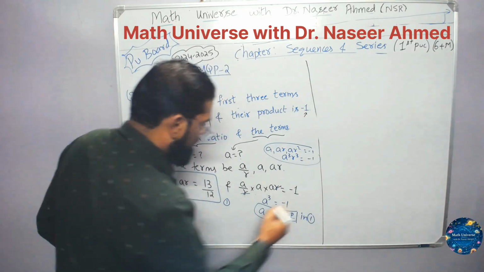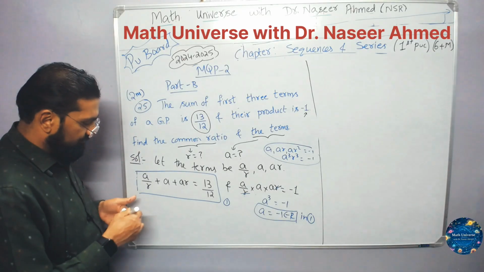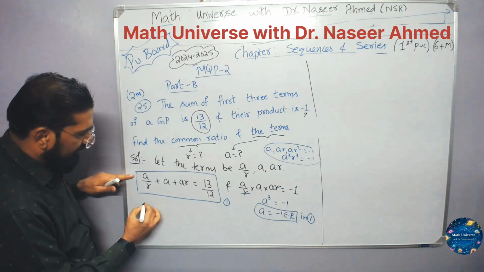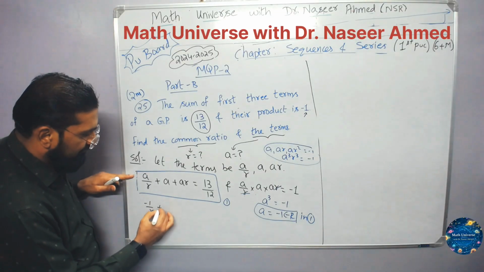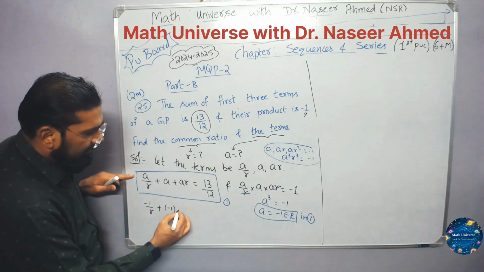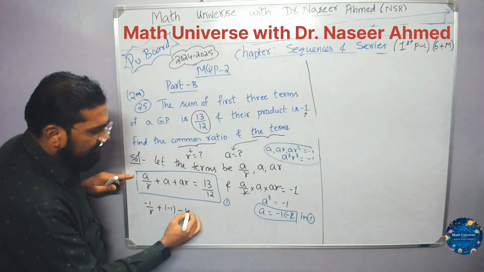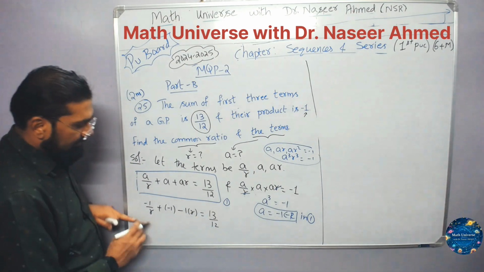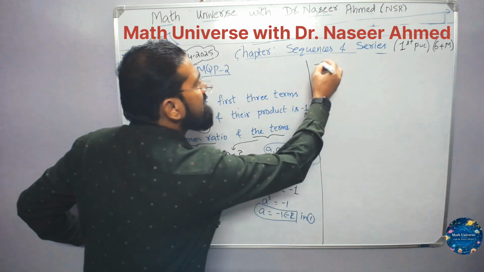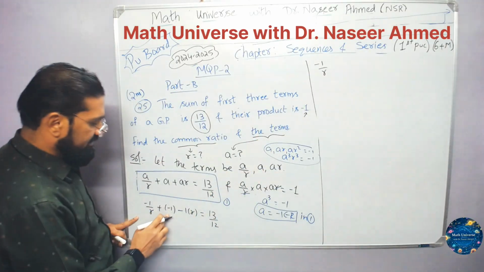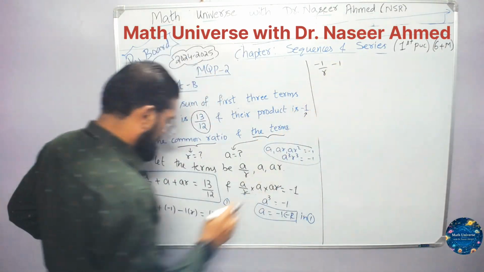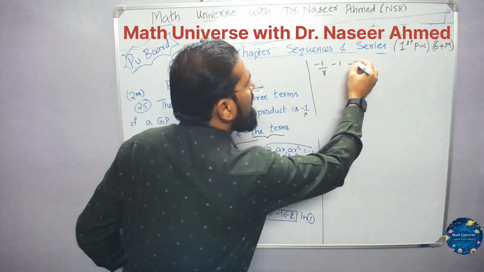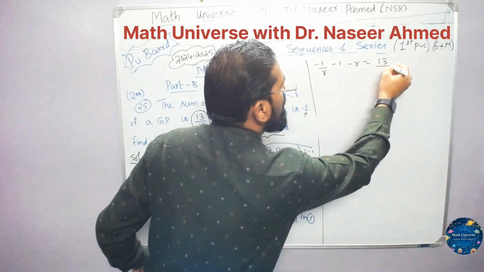In place of a, it is -1. So we have -1 by r plus a, which is -1, then again -1 into r, is equal to 13 by 12. Let's simplify: -1 by r as it is, plus -1, and -1 into r will be -r, is equal to 13 by 12.